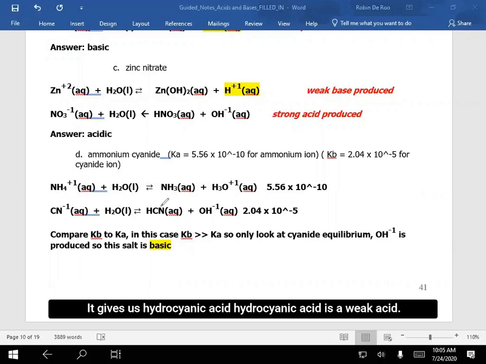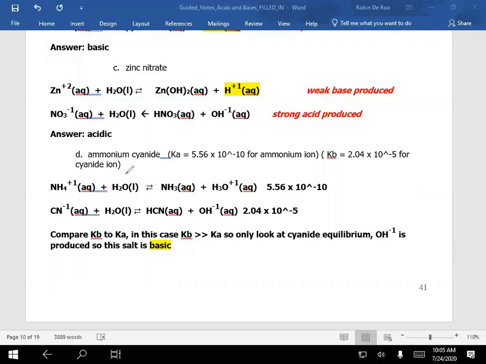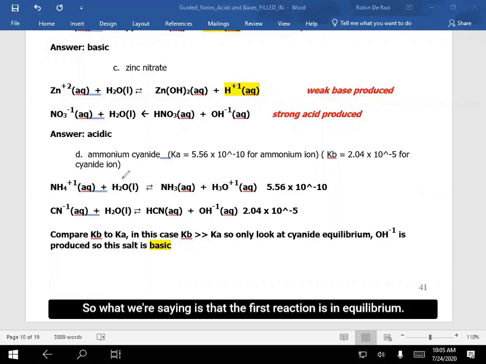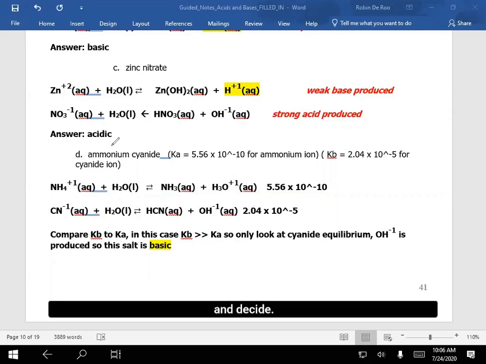It gives us hydrocyanic acid. Hydrocyanic acid is a weak acid. So we do have, for cyanide, a Kb. So what we're saying is that the first reaction is in equilibrium, and we have a K for that equilibrium. The second reaction is also in equilibrium. So we have a K for that. So we can't just qualitatively look at this example and decide.